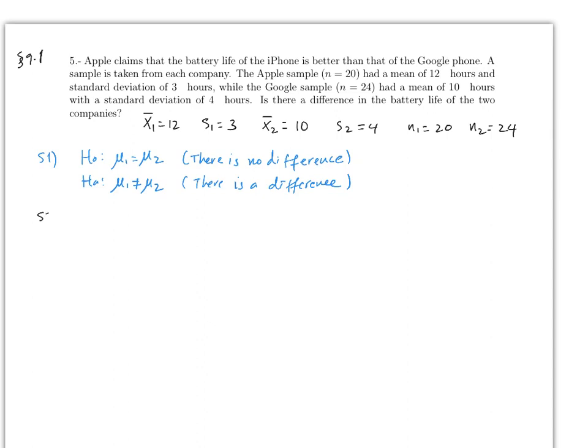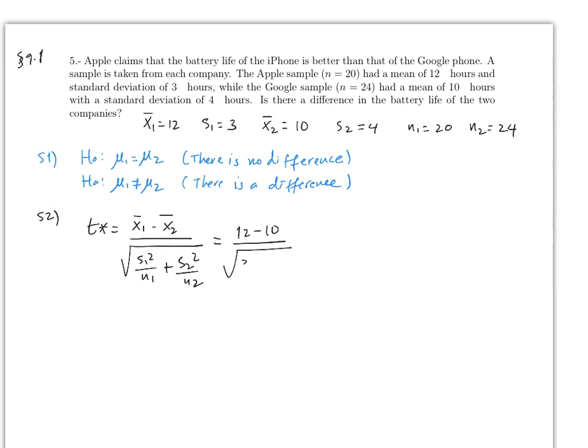Okay. So now step 2, you need to find the test statistic or T star, and T star is equal to x1 bar minus x2 bar divided by the square root of s1 squared over n1 plus s2 squared over n2, which gives you 12 minus 10 over the square root of 3 squared over 20 plus 4 squared over 24.